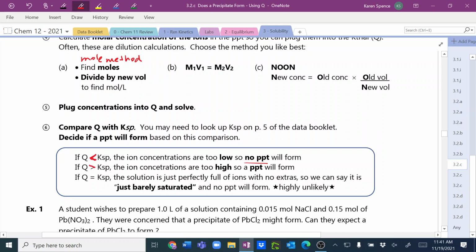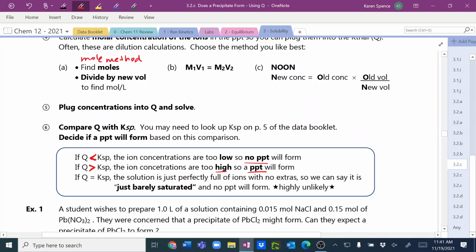If Q is big, then the ion concentrations are too high, so a precipitate will form. And the chances of you getting the last one are slim to none, okay? But if it just happens to be exactly equal, it means you have just barely saturated your solution.